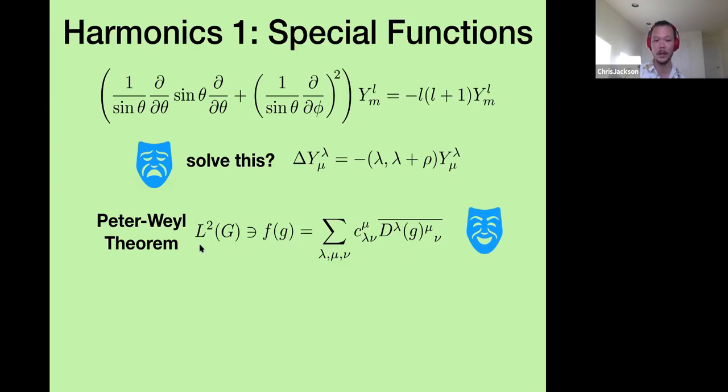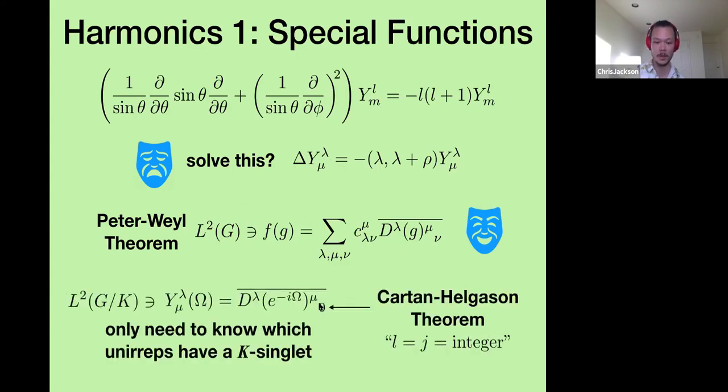And once you have square integrable functions, you have things that interact very nicely with things like Laplacians. And you can get your YLMs in a different way. Yeah, so there's something you have to supplement the Peter-Weyl theorem with to actually go from these matrix elements to these YLMs.